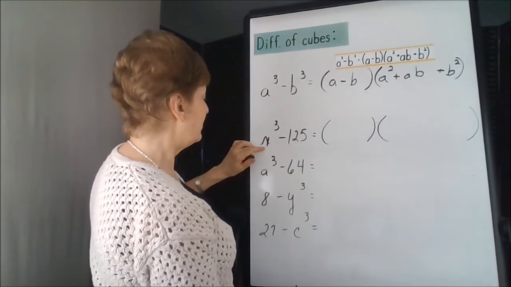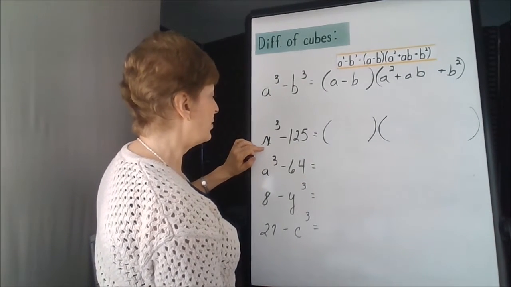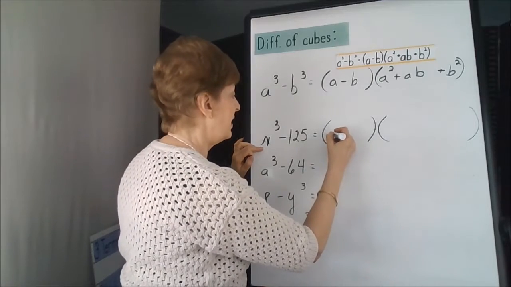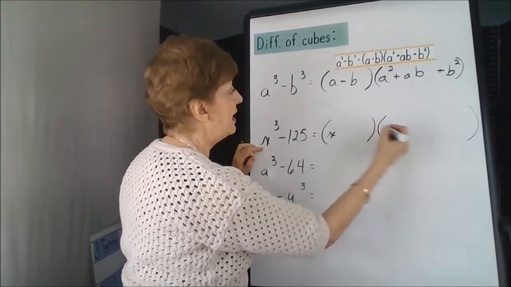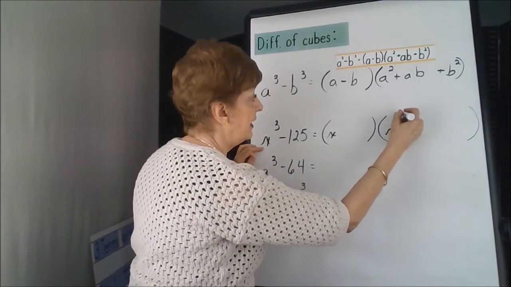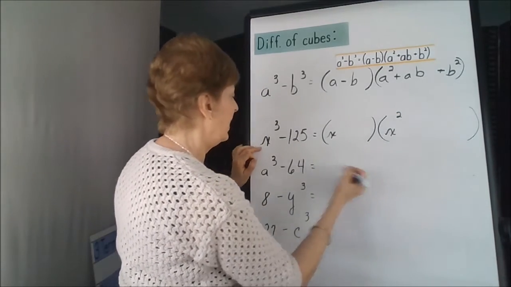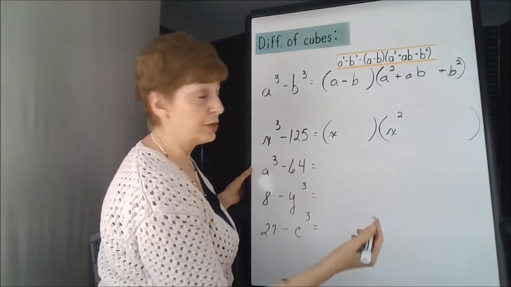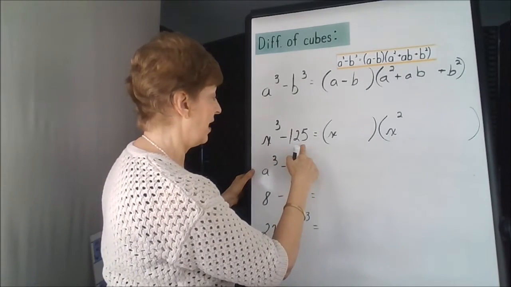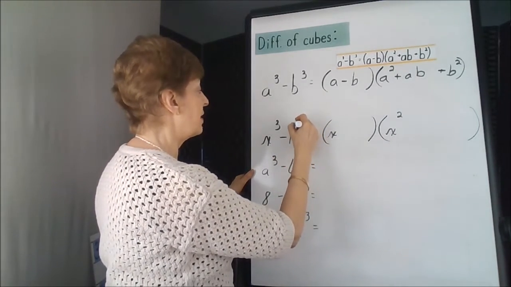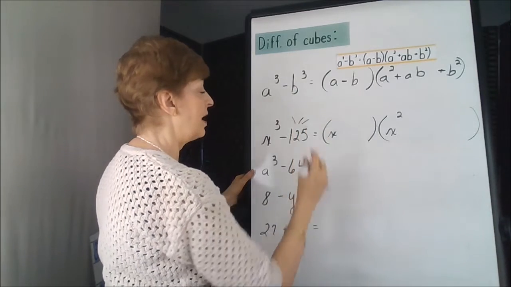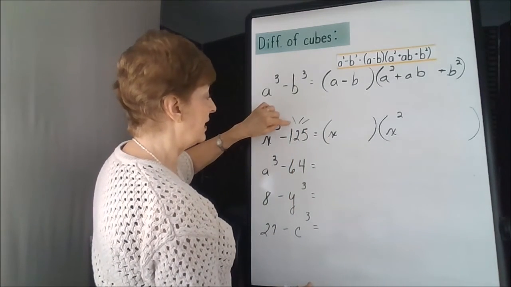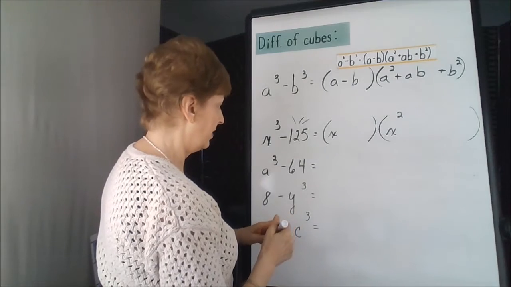So we're going to have to factor these. We have an x here, and then an x squared in that spot. This one right here has to be the cube root of 125. So we're looking for the same number that, when multiplied, is 125.